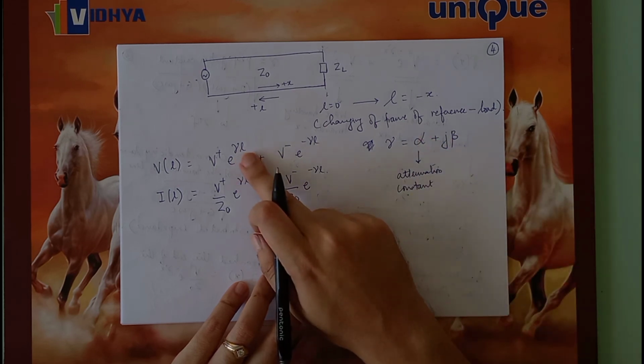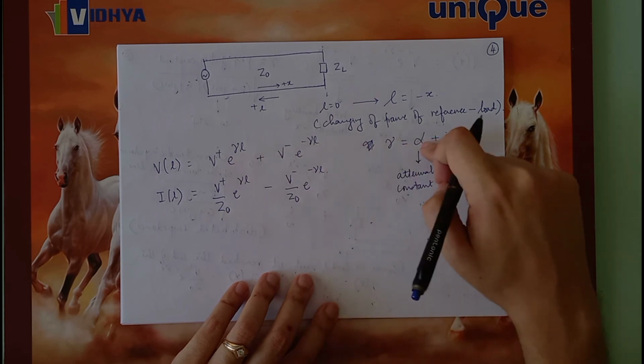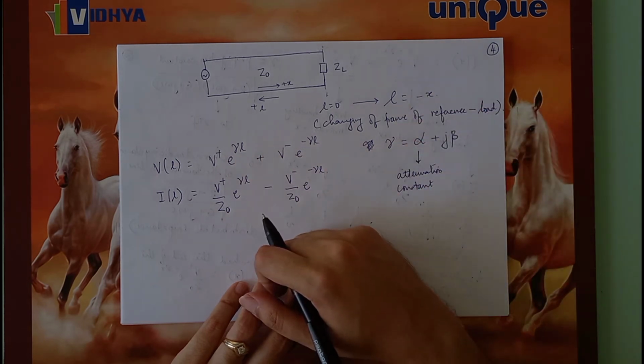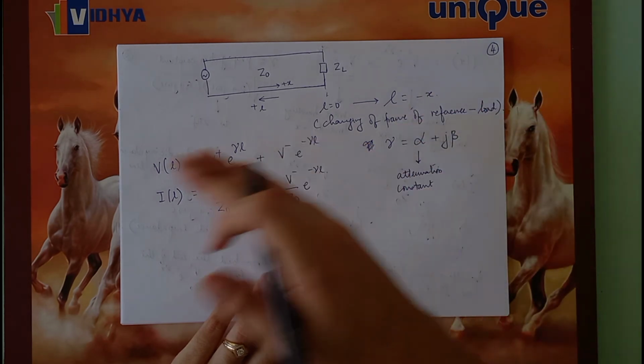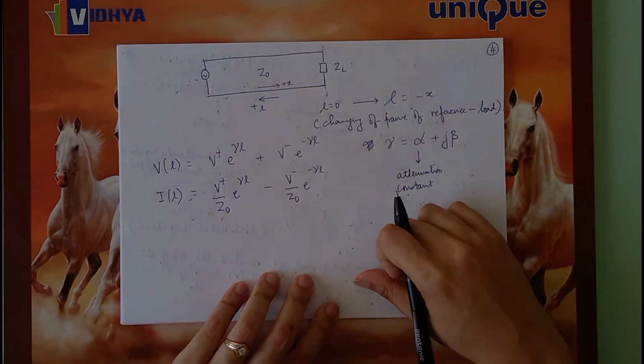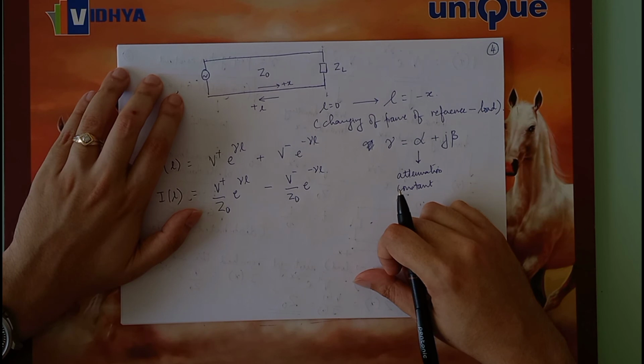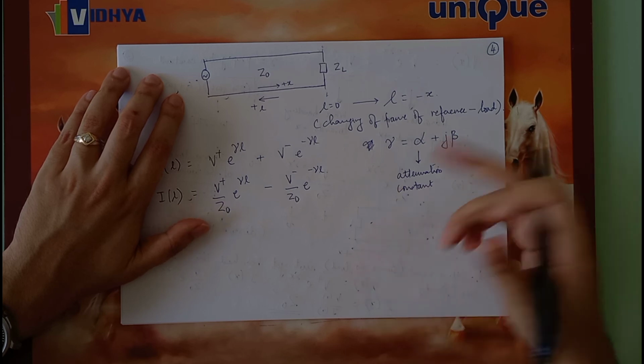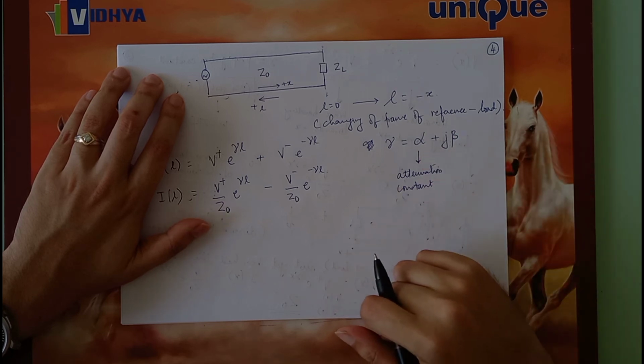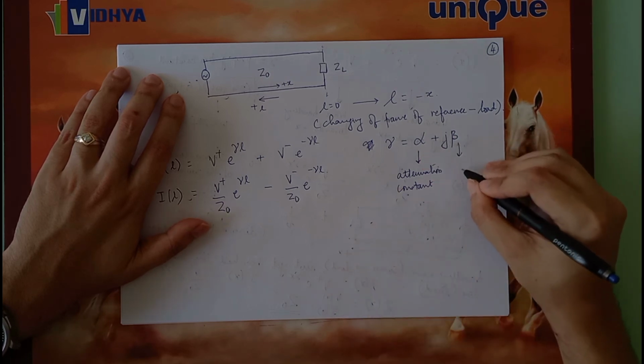Because if you substitute this form, e raised to alpha L will be purely real, and it will denote the way the wave magnitude changes as a function of L. So this is called the attenuation constant, and beta is called the phase constant.